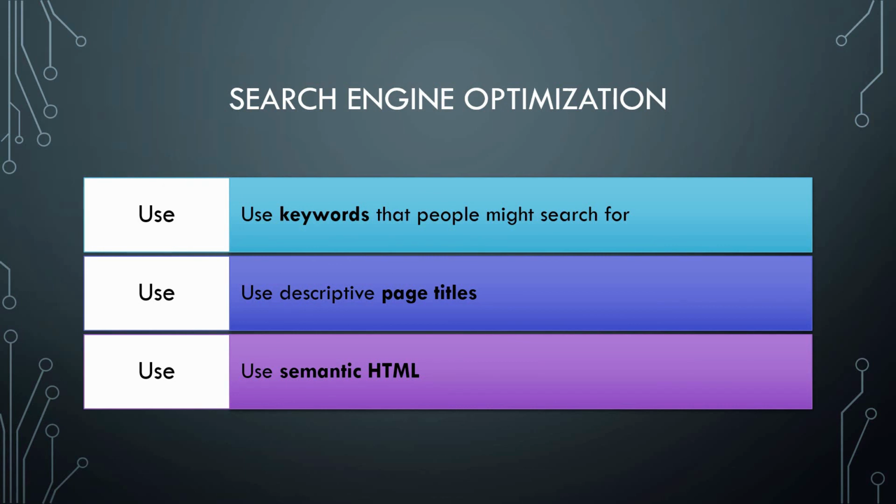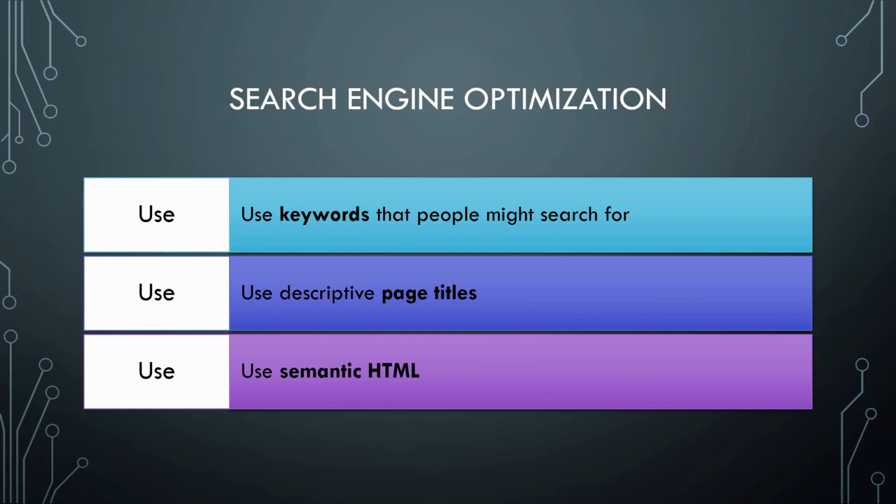Use descriptive page titles. So you want to have your titles describe the content, and again, be common terms that people are going to be familiar with. And then finally, you want to use semantic HTML. Now, since we are studying HTML5, you are going to be using semantic HTML anyways.